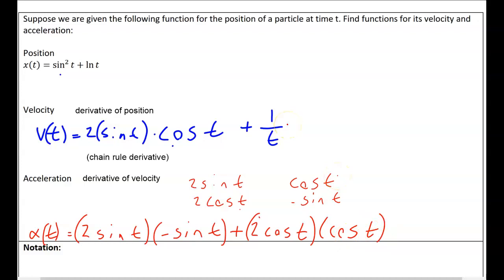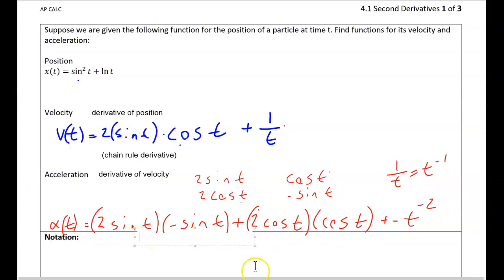And then I have to do the derivative of 1 over t. And 1 over t, remember, is the same as t to the negative 1, so I can do power rule here. So I'm going to put a negative times a negative 1 in front, and then t to the negative 2. So that's my acceleration, and this would simplify very nicely, actually, but that's kind of outside the scope of this video.